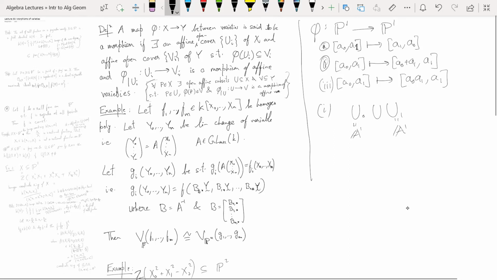And for the other P1, maybe we take V0 union V1. Unfortunately we have taken both as P1, but hopefully it won't be a confusion. The U's cover the domain and the V's cover the range.